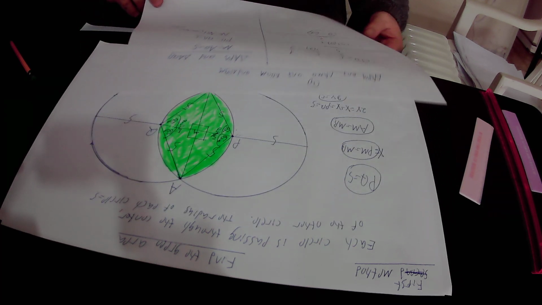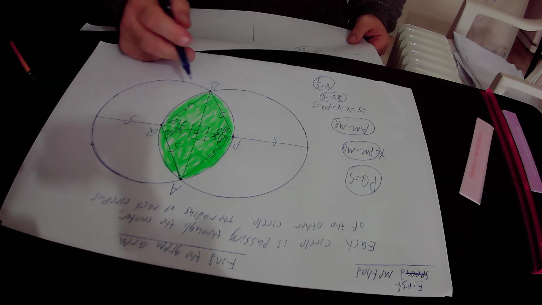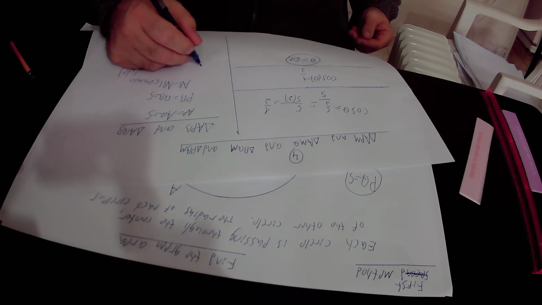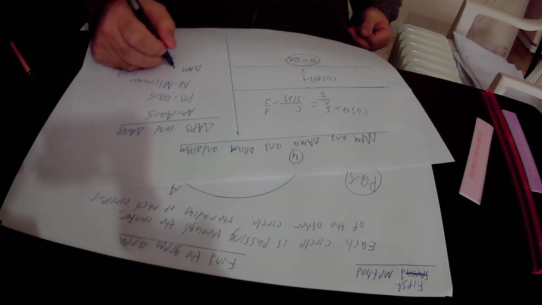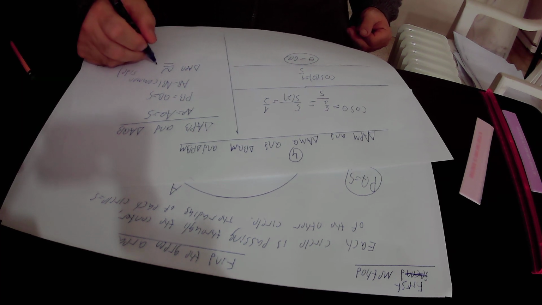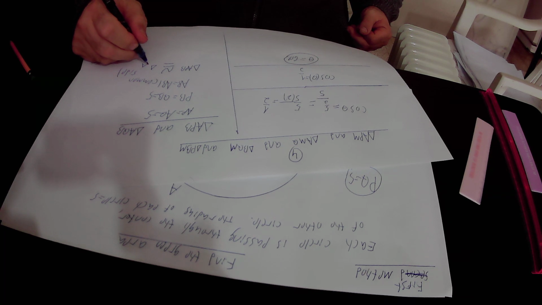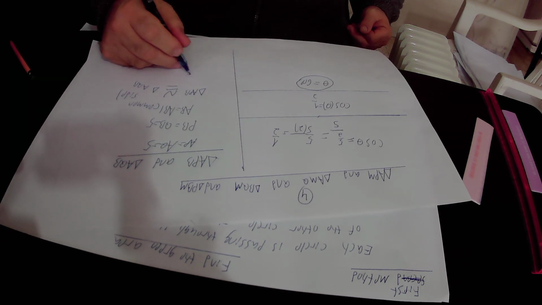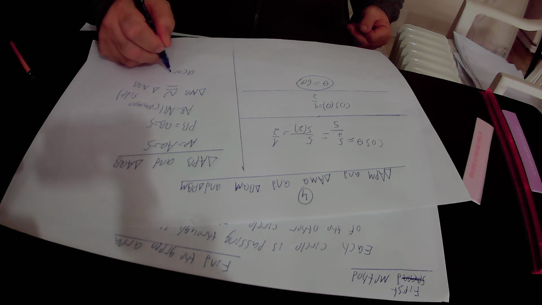So actually we proved that triangle APB is congruent to triangle AQB according to the side rule.